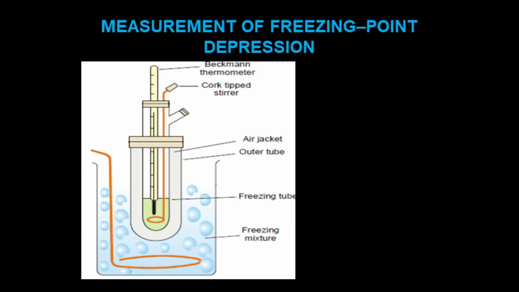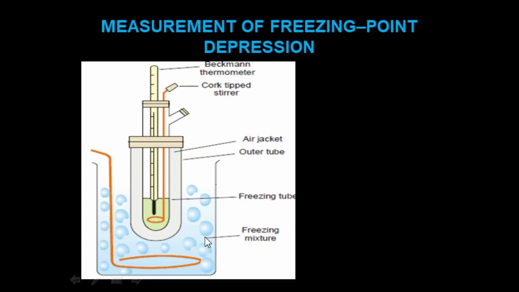First of all, we take a definite amount of solvent in the test tube. We measure 10 to 15 grams of the solvent, keep it in the air jacket, and then place it in the freezing mixture. Its temperature begins to decrease. At one particular point, its temperature remains constant.